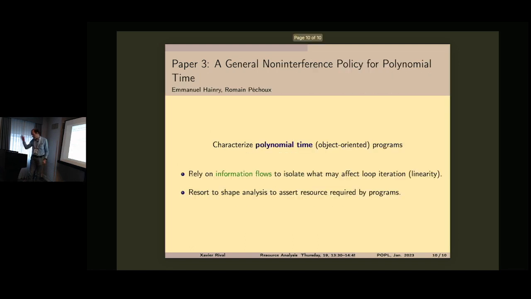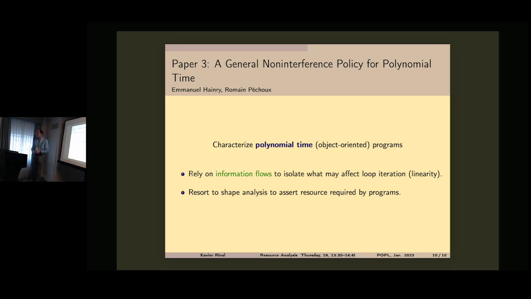Okay? Finally, the last paper is about a general non-interference policy for polynomial time. So here, unlike the other two works, we try to find upper bounds for computation costs and to characterize polynomial time programs in some class of language.